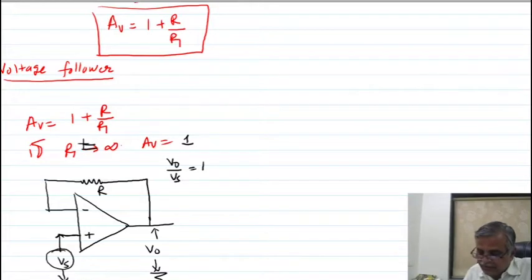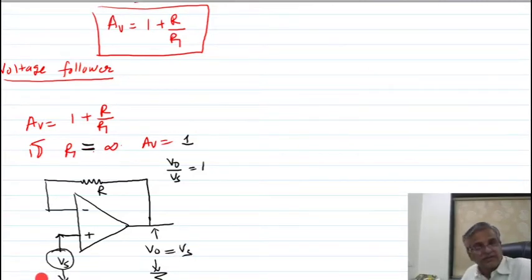So VO equals Vs. This circuit is called a voltage follower because the output voltage follows the input voltage. Listen, output voltage follows the input voltage.